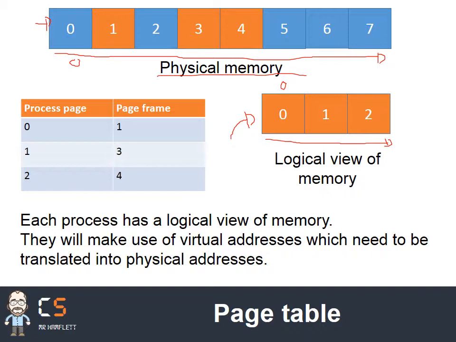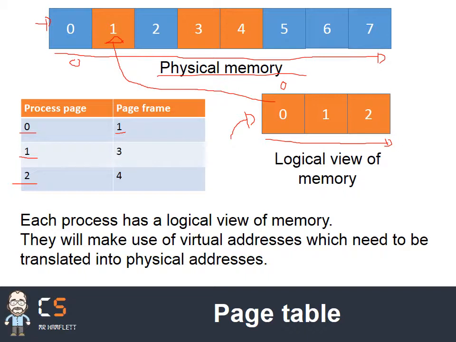So in order to know where each page for a process is stored, we use a paging table. The paging table has the list of all the pages, and then the number of where each is actually stored in memory. So page 0 for the application is, according to the page table, stored in position 1.